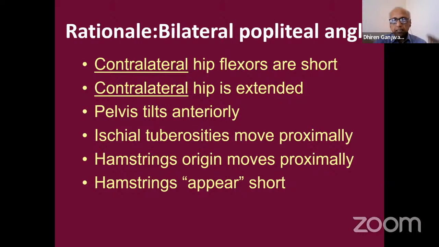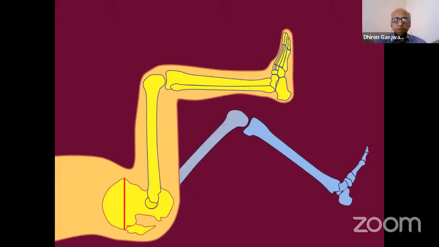And that leads to an idea or the appearance that hamstrings are short. So let us understand why this bilateral popliteal angle test became available. So this is where the opposite hip is not extended, but is flexed in such a way that the pelvis is neutral, meaning a line joining the anterior superior iliac spine and the posterior superior iliac spine, PSIS, is perpendicular to the examination table.